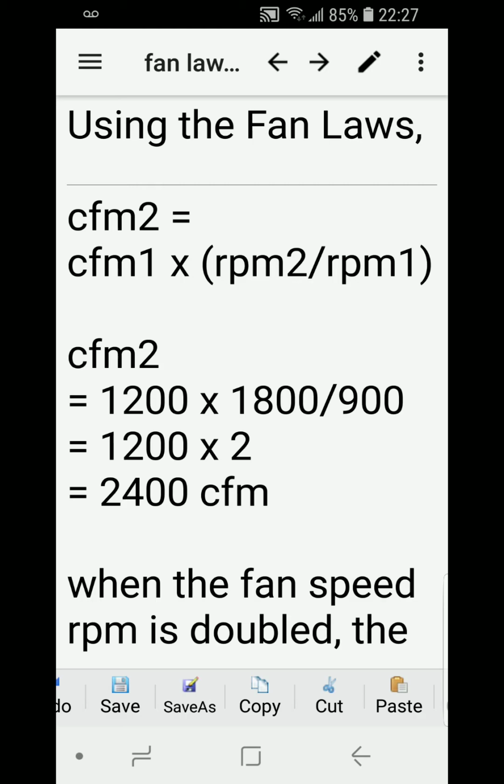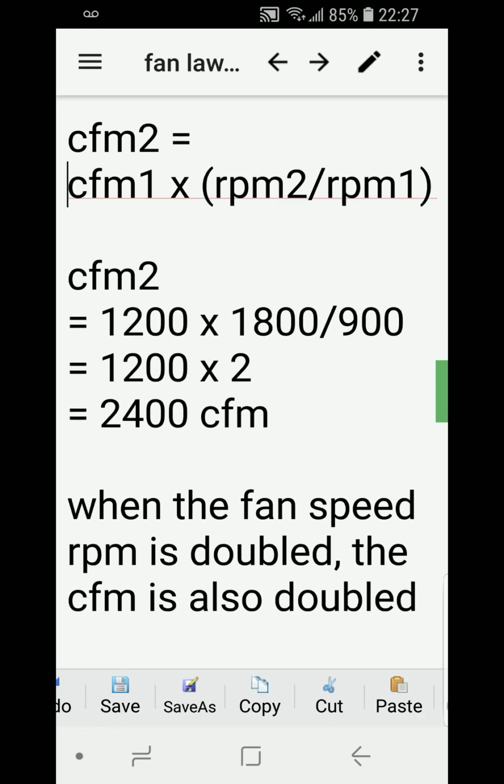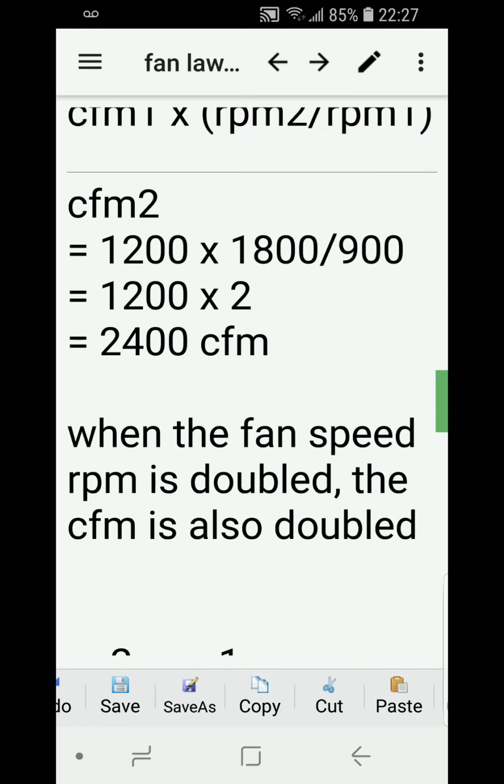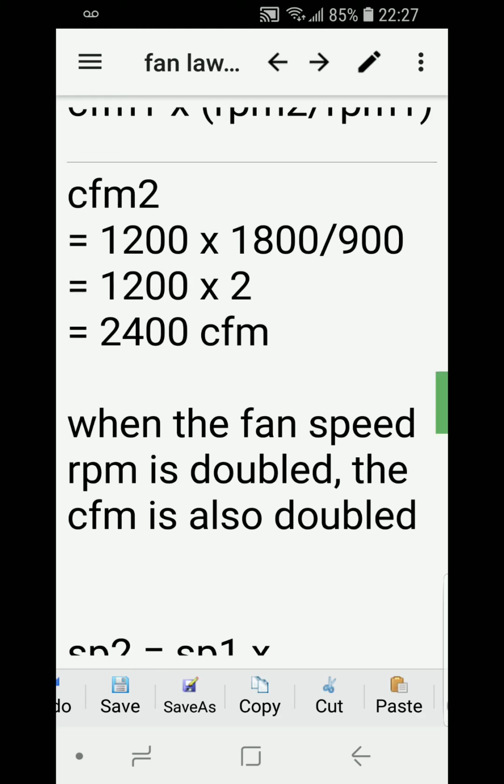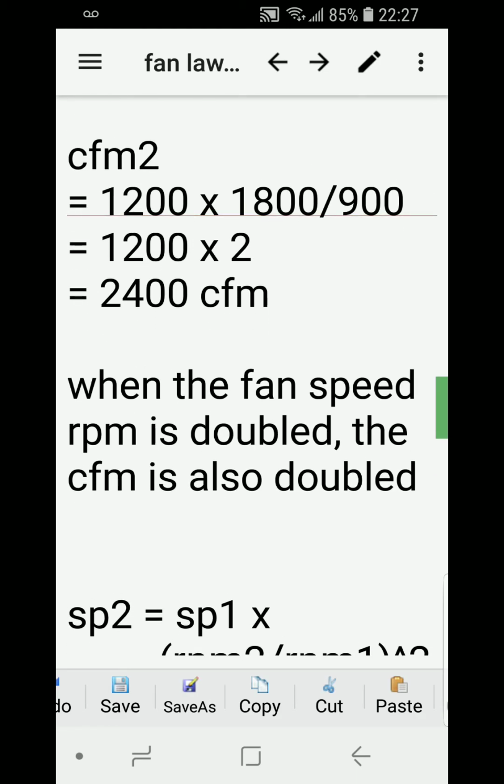CFM2 is equal to 1200 times 2, and so we get 2400 CFM. So now we can conclude that when the fan speed RPM is doubled, the CFM is also doubled.